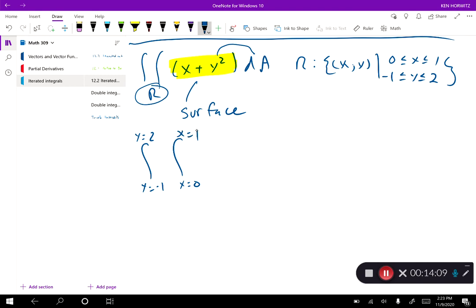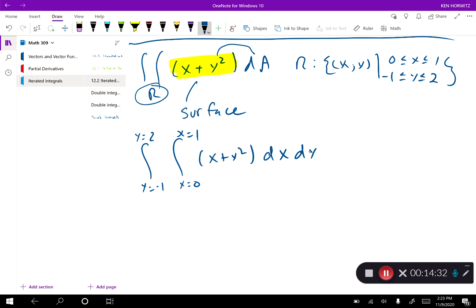I just looked that way because my x plus y squared is really just kind of a power rule for integration. So there's no advantage either way. Like I said, after I do my first integral, plugging in a 0 looks really nice to me. So that's why I picked this order.